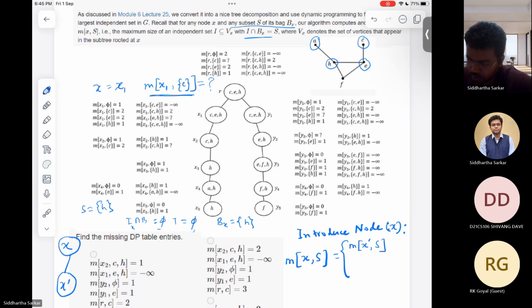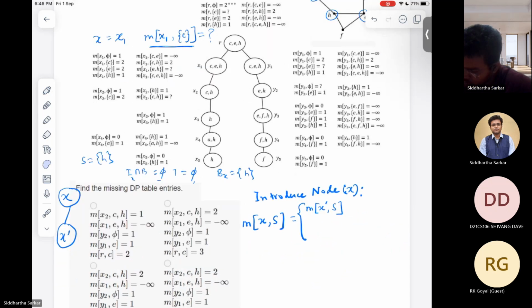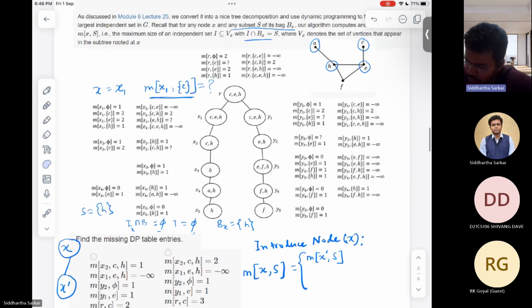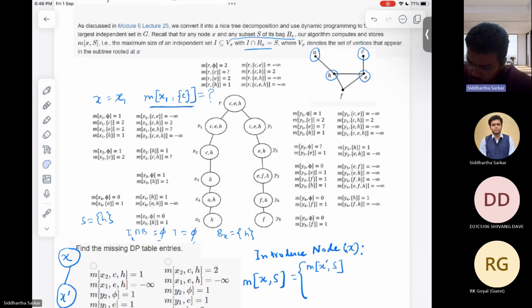Let us denote the introduced vertex of x by v. So this is slightly tricky, but this is the description of the algorithm.